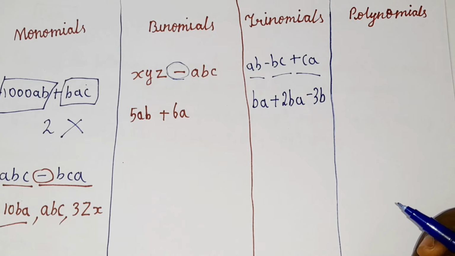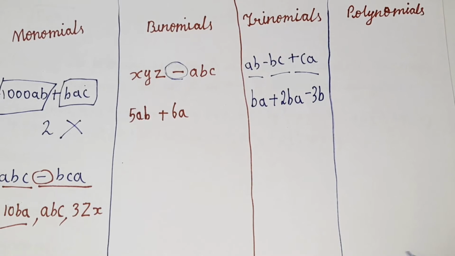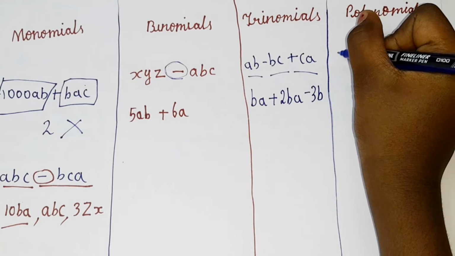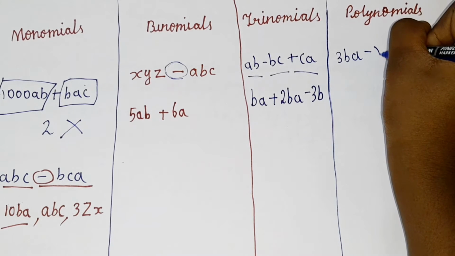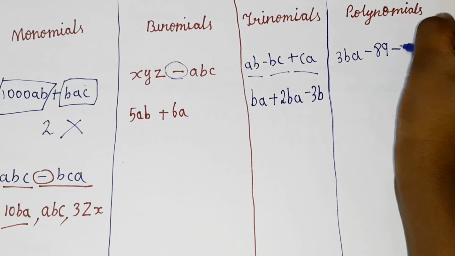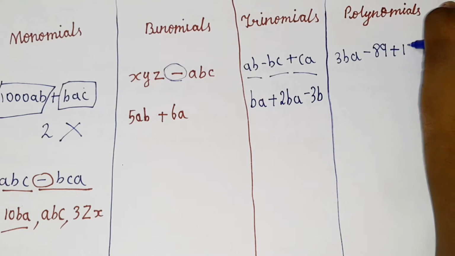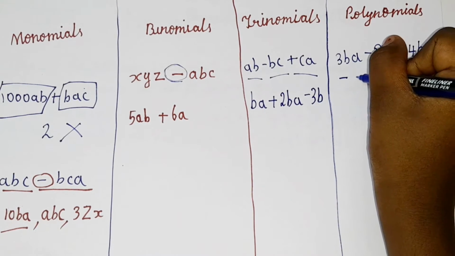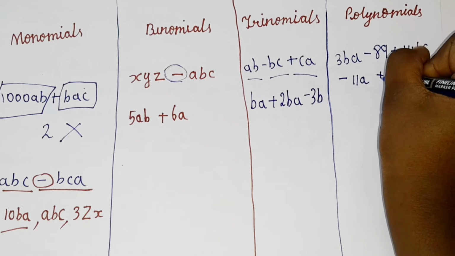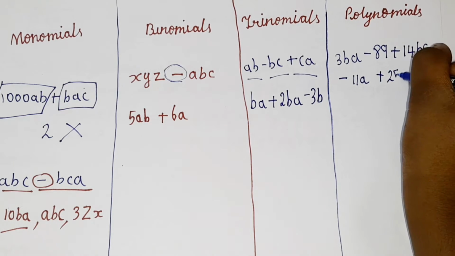Next we have polynomial. Some of you guys might think polynomial means 4 terms. Of course that is right, but in polynomial it's not only 4 but more terms, okay. So 3BA minus 89 plus 14BC minus 11A plus 25B.